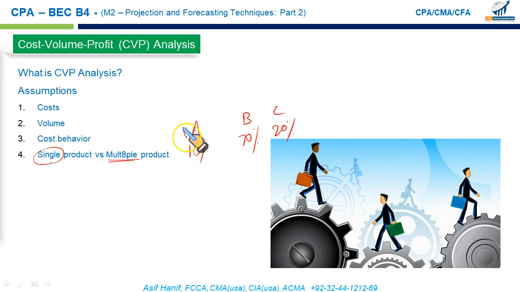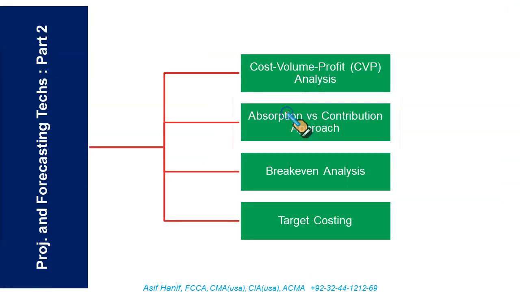So it means this sales mix stays the same. So either you sell a single product or you sell multiple products, but the mix remains constant. That is one of the assumptions. Then selling prices are assumed to be constant, and these were the few assumptions that we had in CVP analysis. Let's move on to the next.